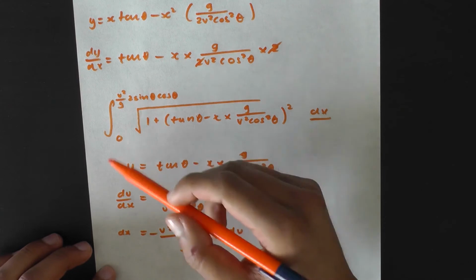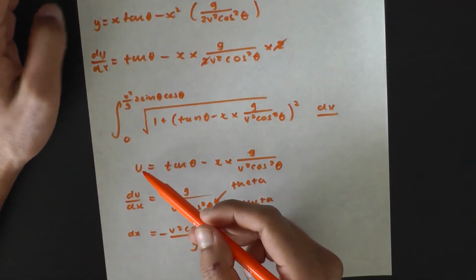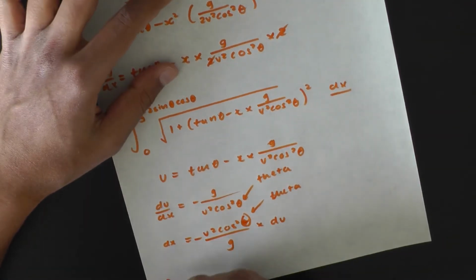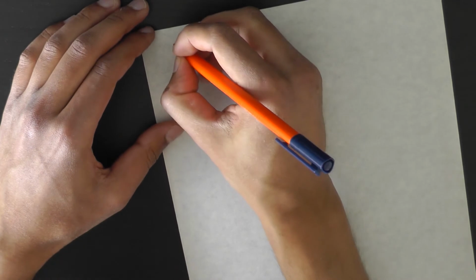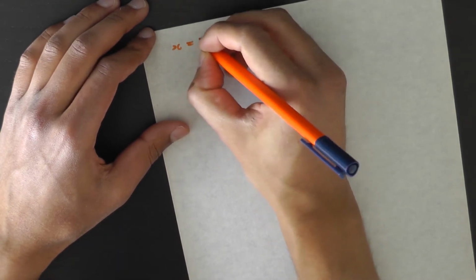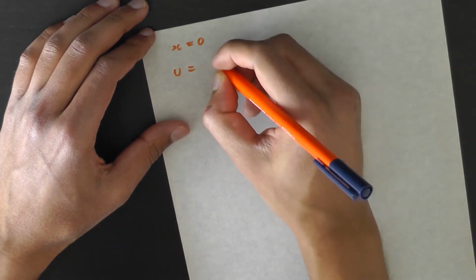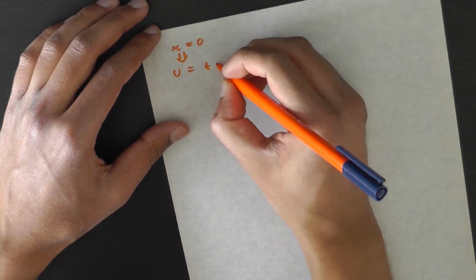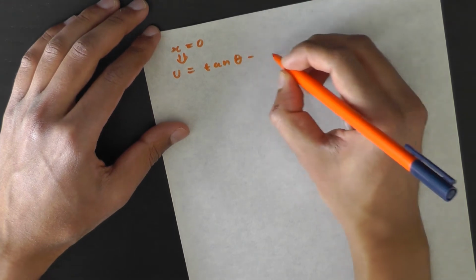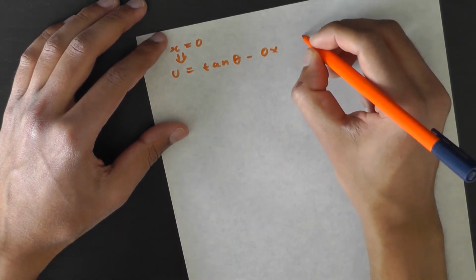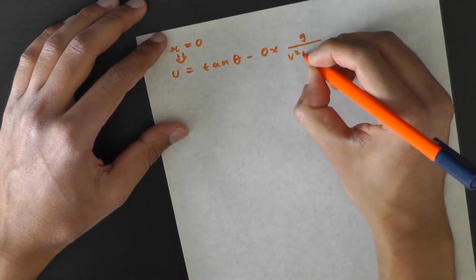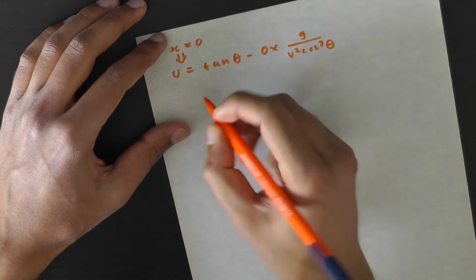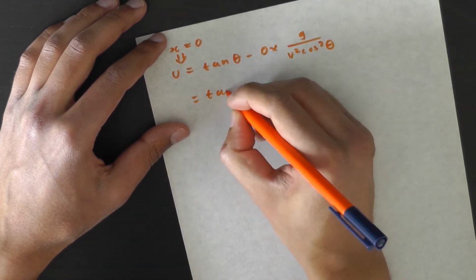Alright, so now we need to get these bounds in terms of the new variable u as well. So if x equals 0, u equals tan theta minus 0 times g over v squared cos squared theta. So u will equal tan theta.